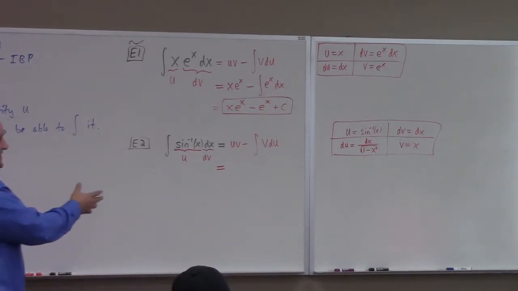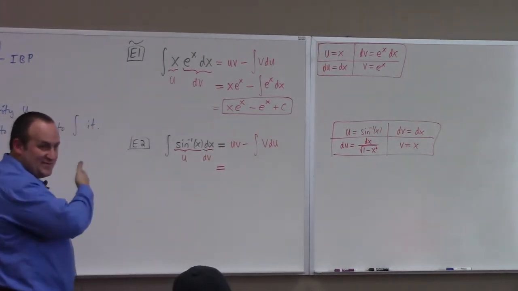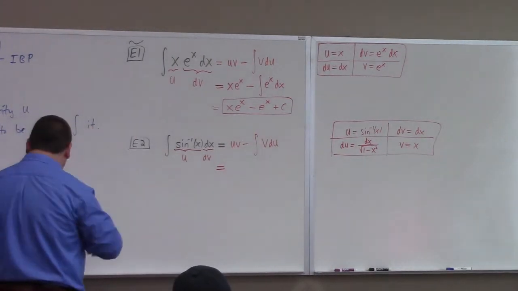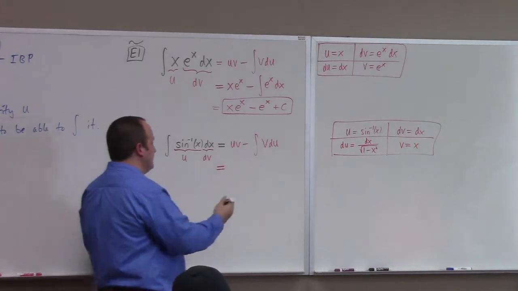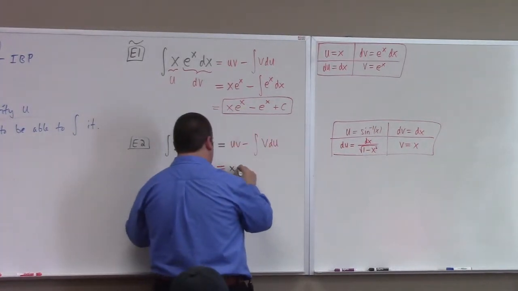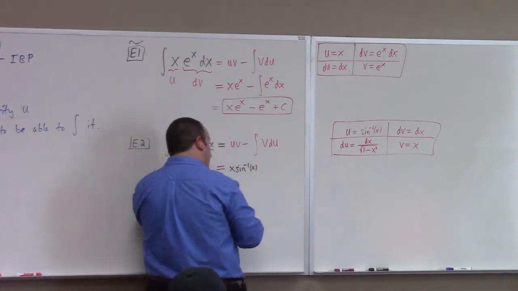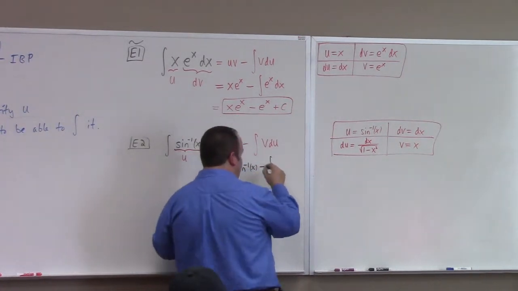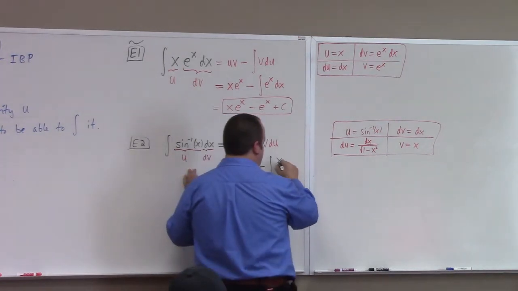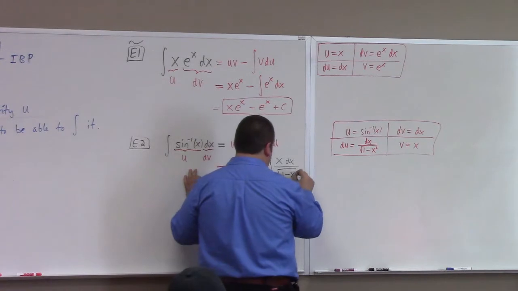So this is kind of a dumb step, but it does help you stay on the straight and narrow, right? Okay, so uv here is x inverse sine of x. And then we have minus the integral of x dx over the square root of 1 minus x squared.